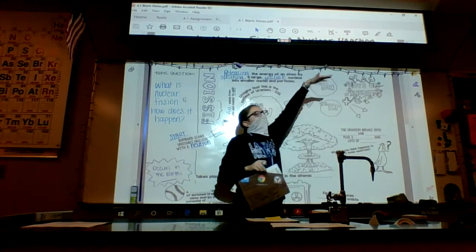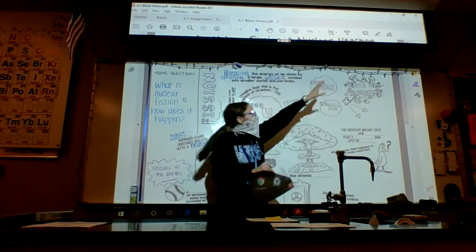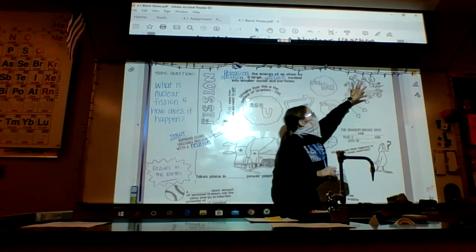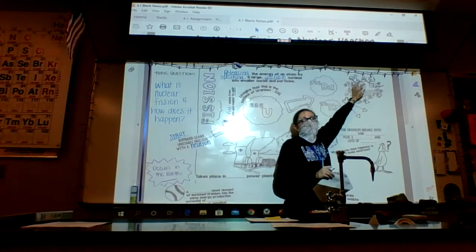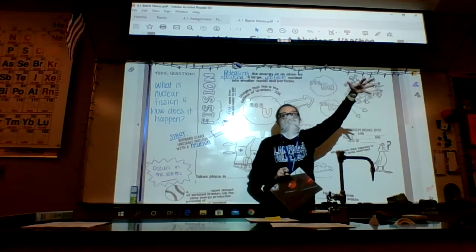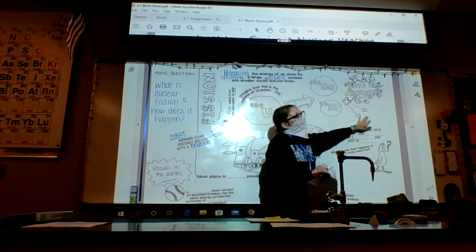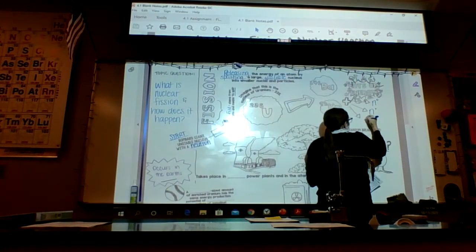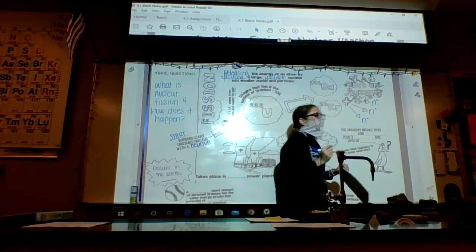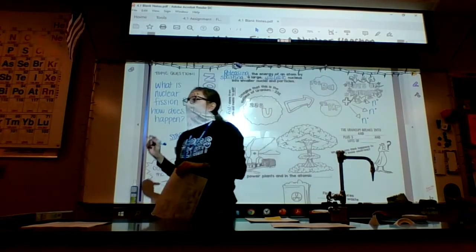Alright, so products of fission. Yes, we get two new elements, but we also get lots of energy. This is where nuclear power plants come into play. We use this energy from fission to power things. We also end up with 3 more neutrons. So that's the symbol for neutron. That 0 means that it is neutral.